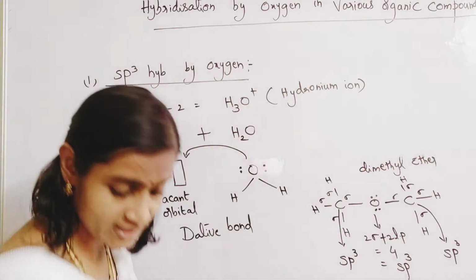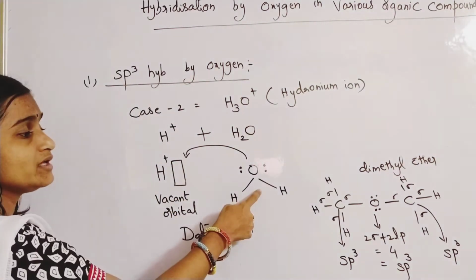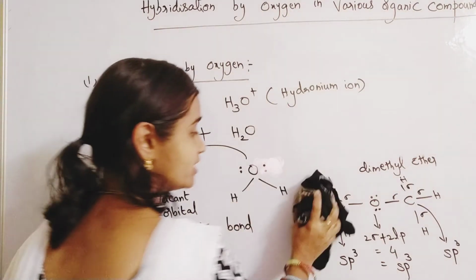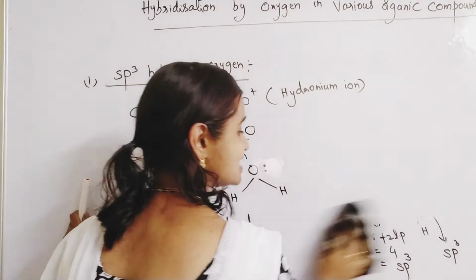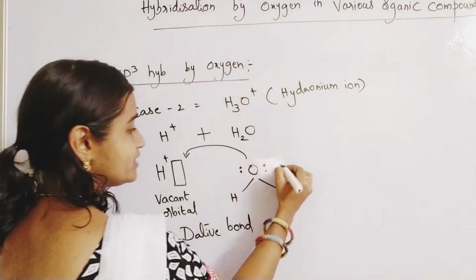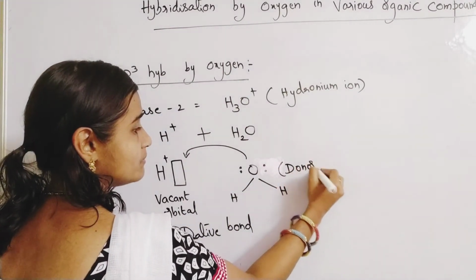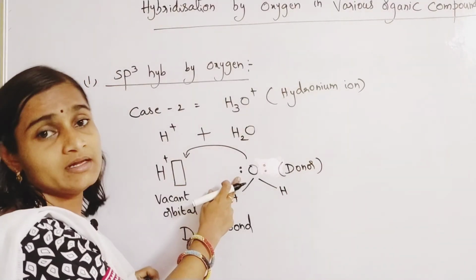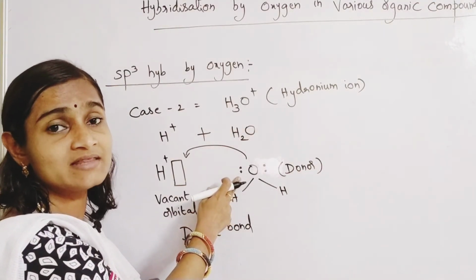So how will that dative bond form? Here in the water molecule, oxygen acts as donor and the H+ ion acts as acceptor. Water molecule acts as what? Donor, because it has an extra pair of electrons to donate.